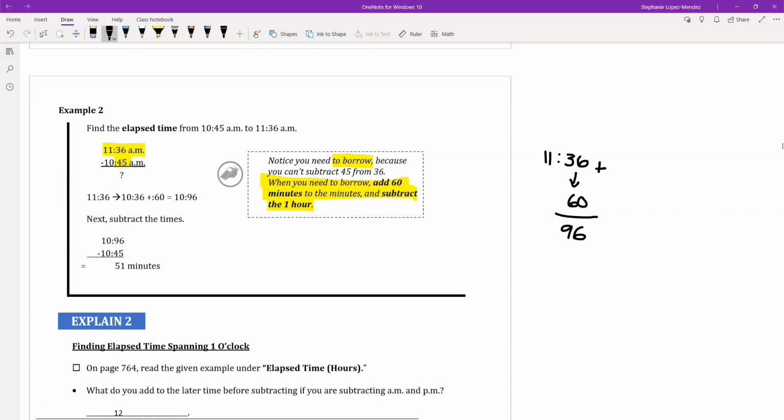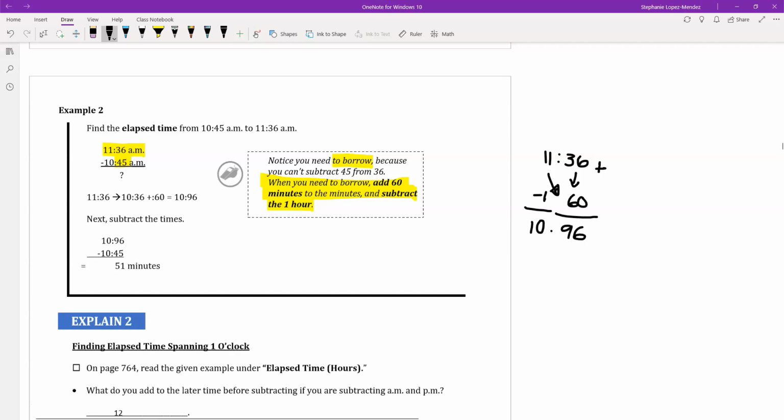However, 1 hour from the 11, I just convert it to minutes. Therefore, from the hours, I will subtract 1 hour. So then I have 11 minus 1, I have 10.